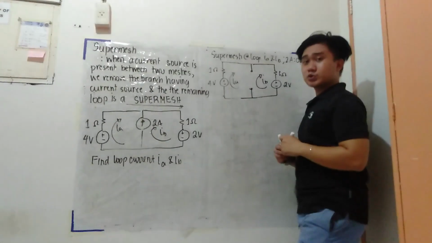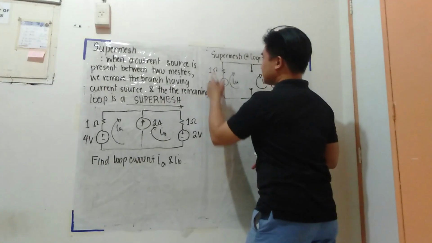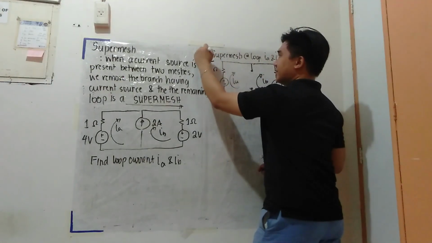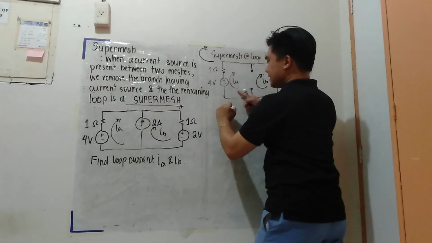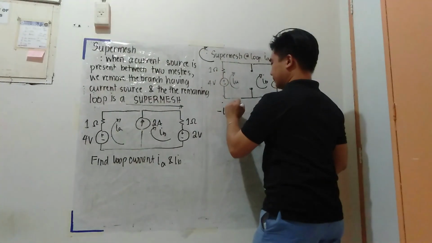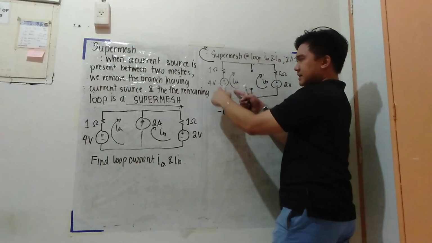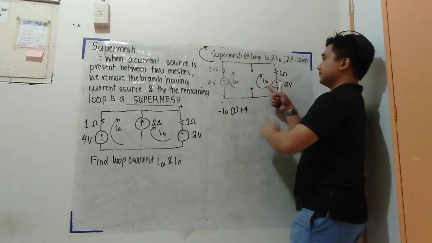So, paano tayo magsusupermesh? Ganun pa din po. Wala namang maiiba. So, supermesh. So, ang KVL ako, clockwise direction pa din. So, that's negative IA na ang dinadaanan ni IA ay si 1 ohm. And then, pagdating kay battery, lumabas ako sa positive kaya plus 4. Next.